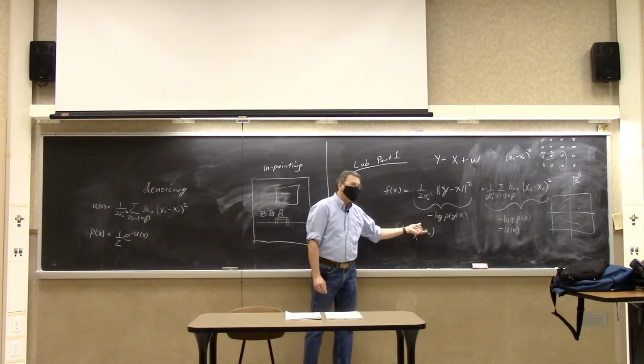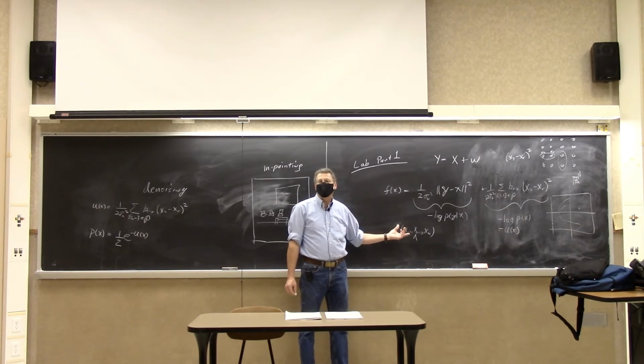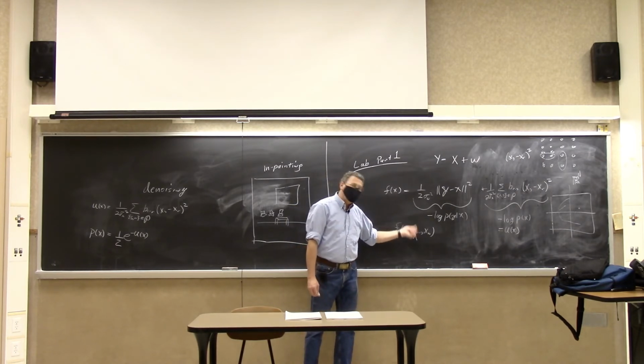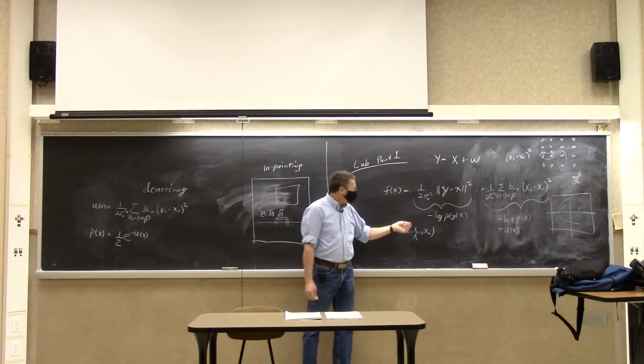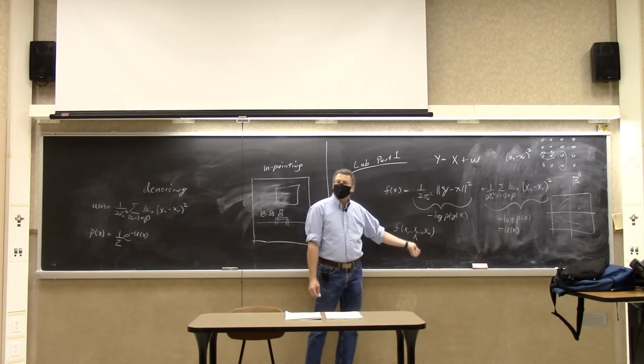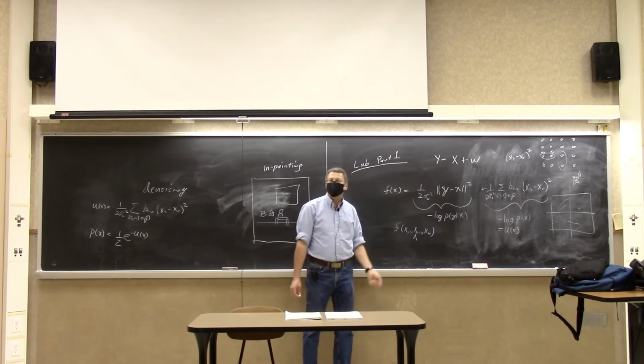Then you go to the next pixel in some order. You can pick any order you want. Sometimes people pick random order. Actually, random order is a good way of doing it, but you could do raster order, that's fine too. And if you go to optimize the same pixel, nothing will change because you already had the best value. But if you go to some other pixel, you update it with the goal of minimizing this function, okay?